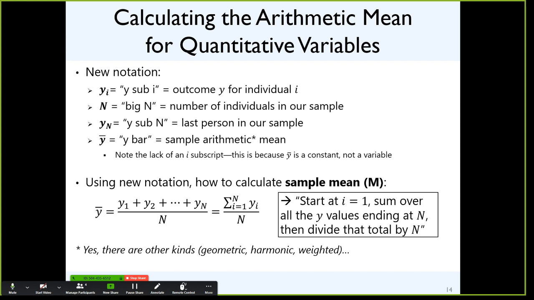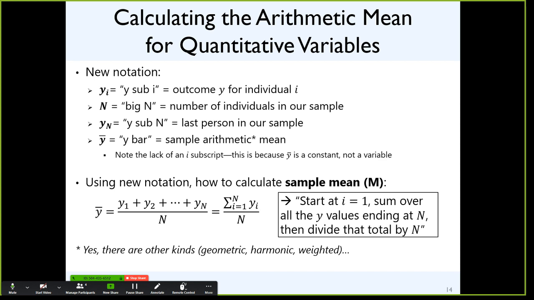So in writing these things out, we want to be able to abbreviate across our cases. If we numbered our cases, it starts at 1 and it ends at N. The last one here, Y with a line over it, is known as Y bar. And that's supposed to be how we represent the mean of a specific sample, arithmetic mean. And note here that just like N doesn't have an i, Y bar doesn't have an i, because those are constants.